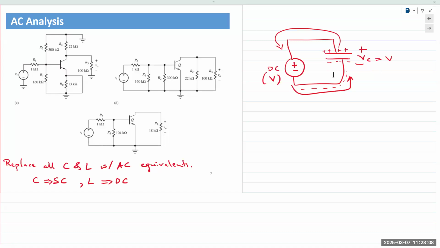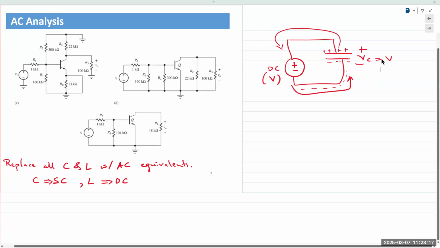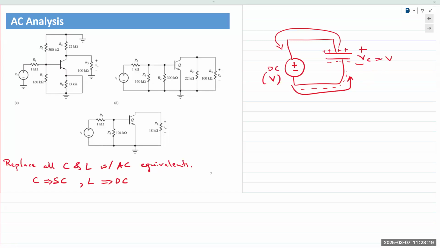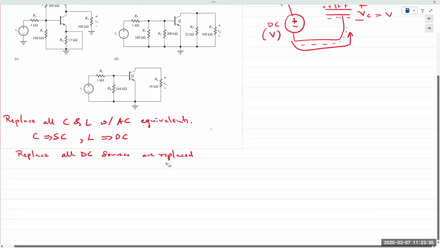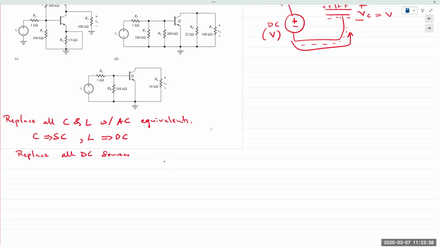All right, coming back here. What were we saying? Oh yeah, all the DC sources are reduced to zero.